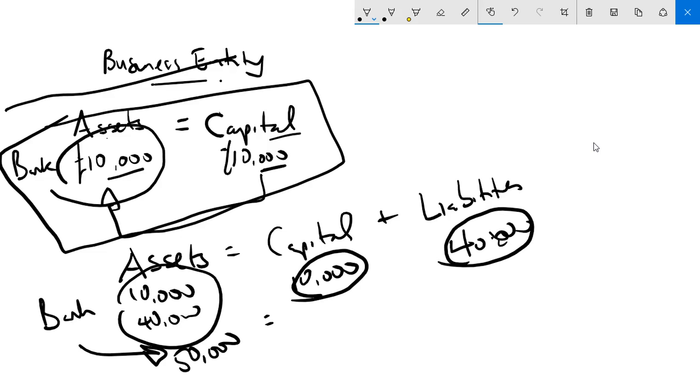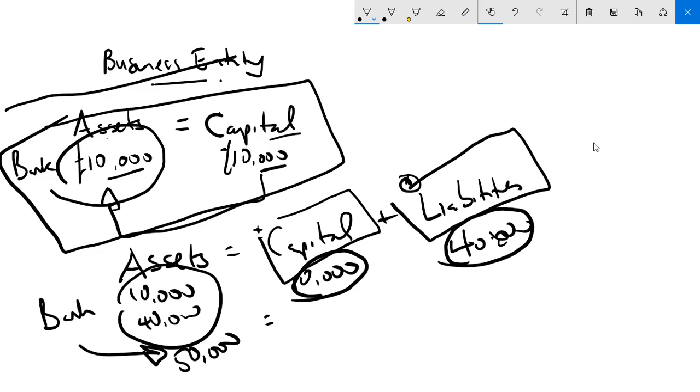So you can see that we have different names for what you owe to the owner and what you owe to a third party. This relationship is referred to as the accounting equation. This is the first level of the accounting equation: assets are equal to capital plus liabilities.